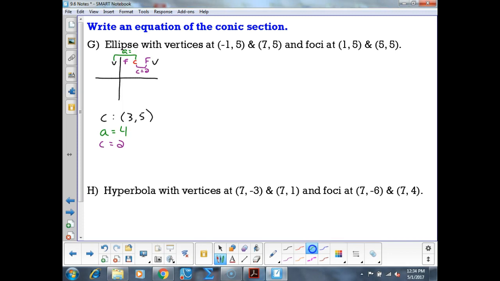What's the formula that we use in ellipses? a squared equals b squared plus c squared? So 16 is going to equal b squared plus 4. So b squared is going to be 12. You gotta square it.